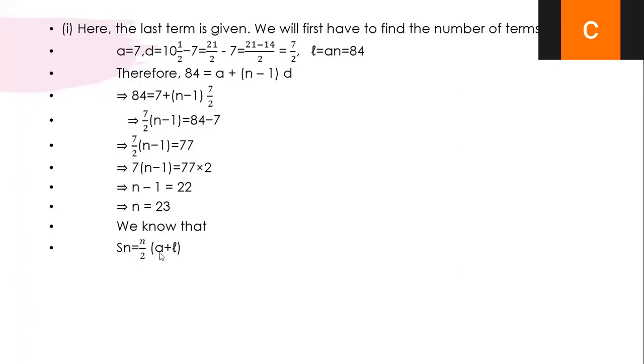Here A value 7, 7 plus 84, it is 91. 91 into 23 is 2093 by 2. We'll write it in mixed fraction. It is 1046 1 by 2.